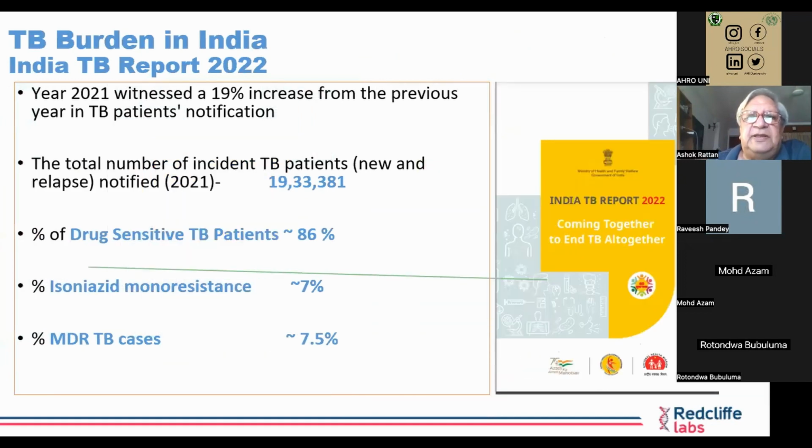Recently, a 2022 report had indicated that in 2021, they examined 1.9 million samples. 86% of the patients were suffering from drug-susceptible tuberculosis. 7% had monoresistance and 7.5% had MDR tuberculosis.